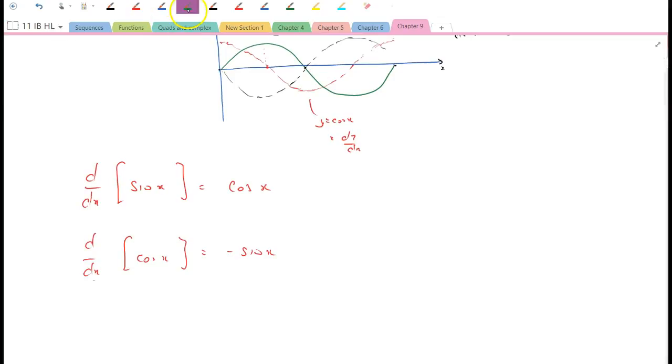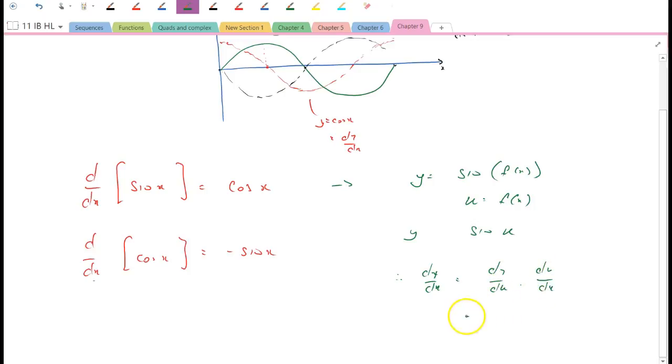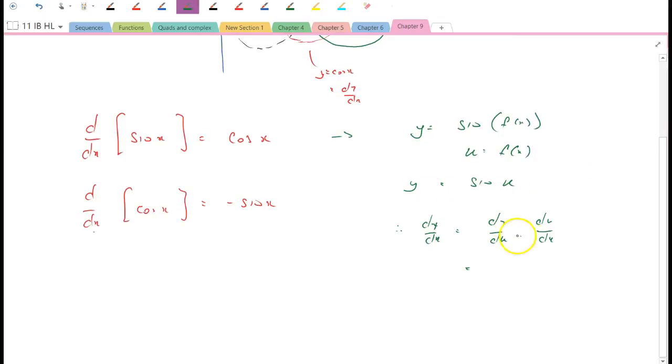Okay. Now if we can extend this out to the chain rule, so that if we've got y equal to the sine of a function of x, then we let u equal that function of x, and we say therefore that y is equal to sine u, so therefore dy/dx is equal to, using the chain rule, dy/du times du/dx. And dy/du, because y is equal to sine u, is cos u, and du/dx is just f dash x, because u is f(x).